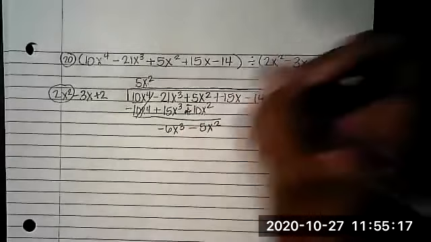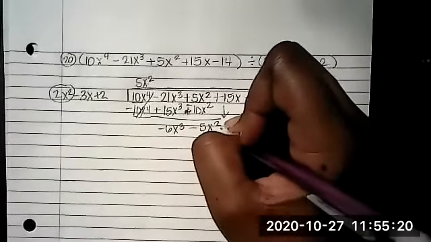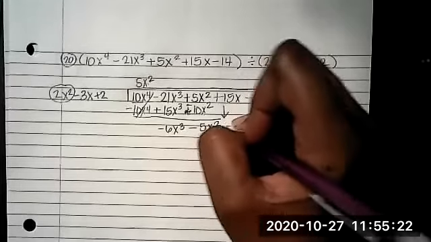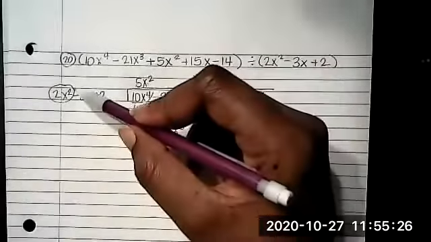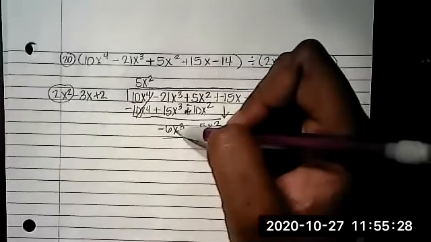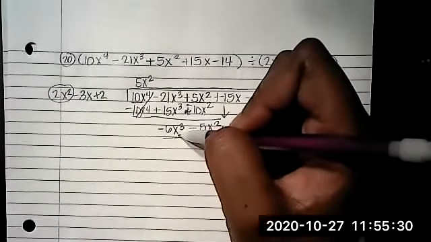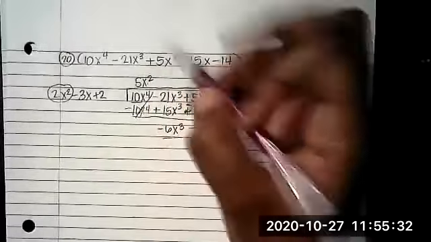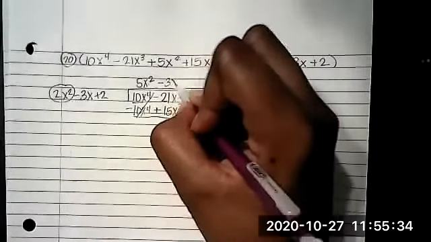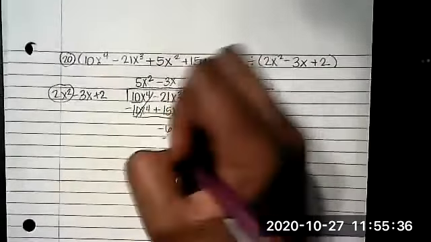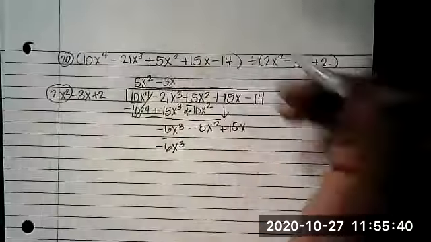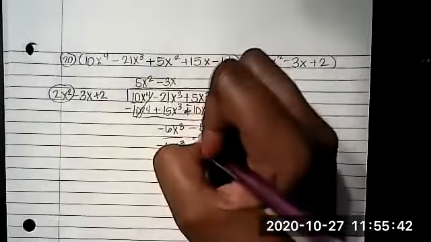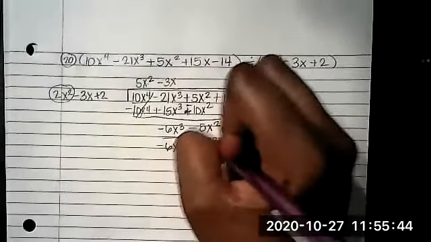Then, of course, we have to bring this down. That becomes plus 15x. Now you're looking at this number. What do you have to multiply by 2x squared to give you negative 6x cubed? This now becomes negative 3x. Negative 3x times 2x squared is negative 6x cubed. Negative 3x times negative 3x is positive 9x squared.